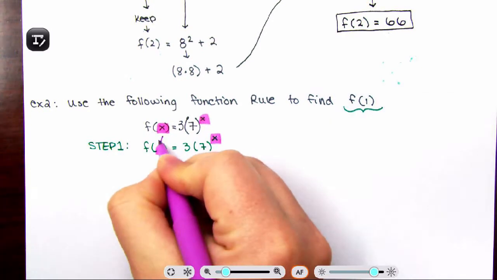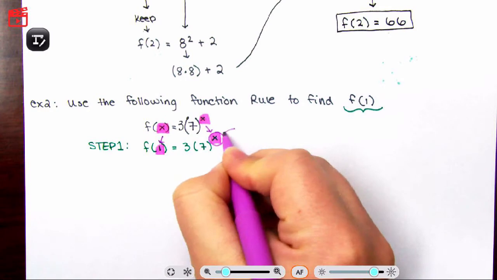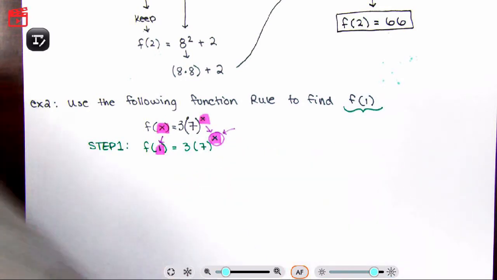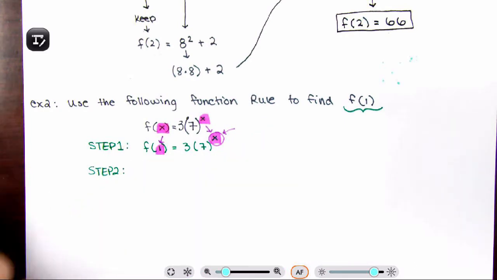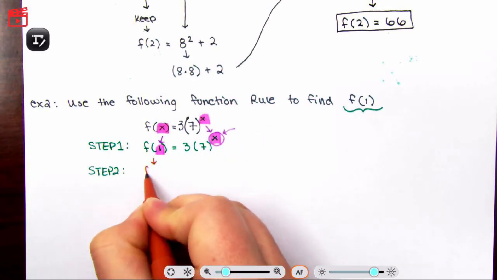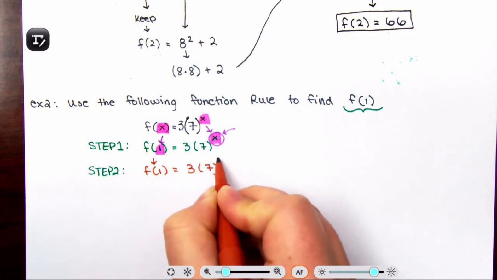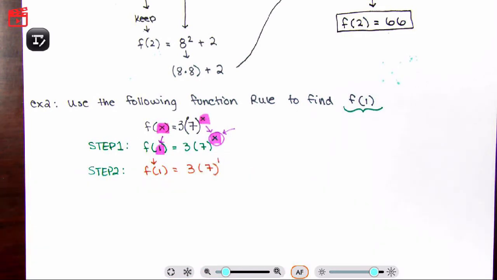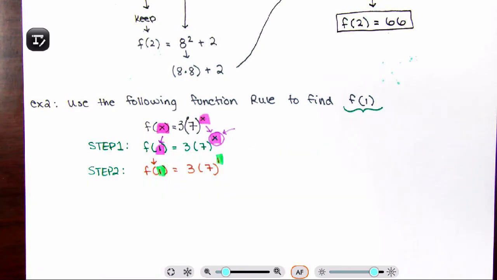In this case, x is 1. So this here should be a 1. For step 2, you're going to rewrite this again. But this time, instead of x, you're going to put your x value. In this case, our x value is 1.